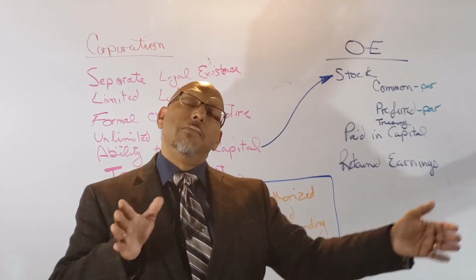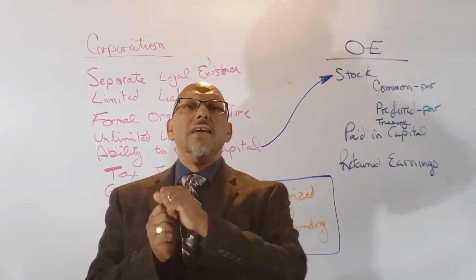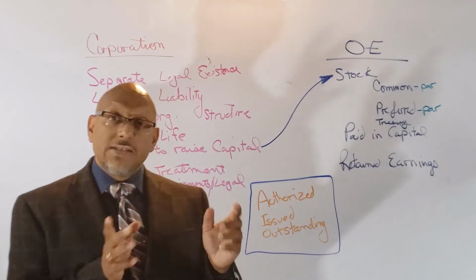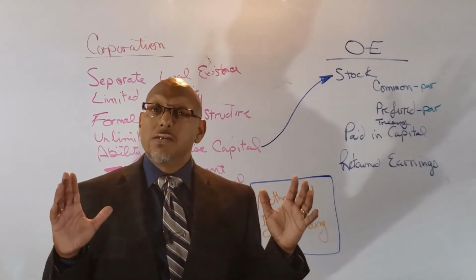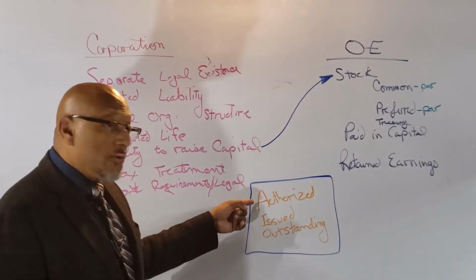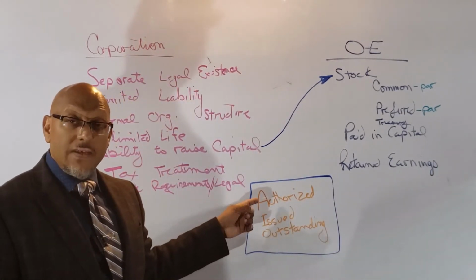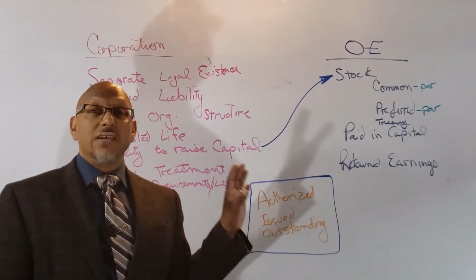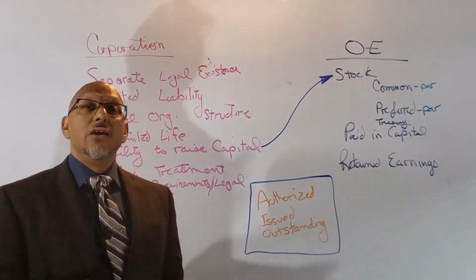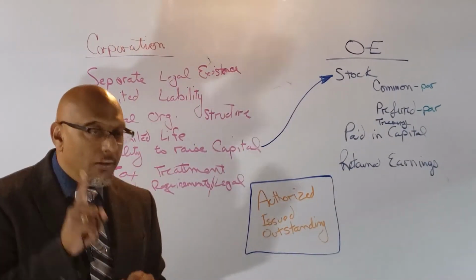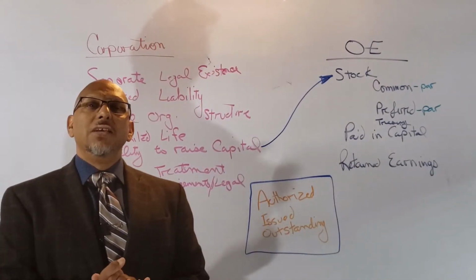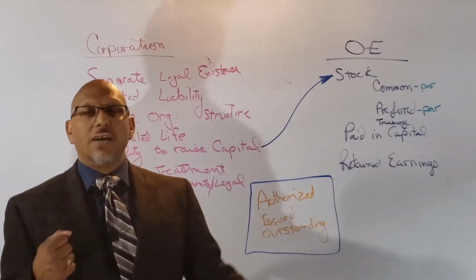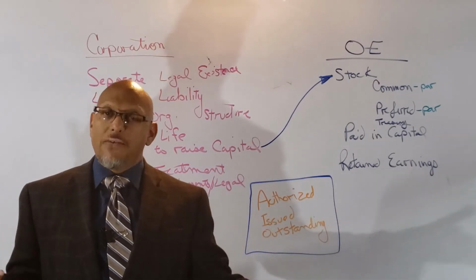So we want X amount of money, we're going to divide that into shares and then sell each share out at a certain price. And the number of shares they're willing to sell is called authorized shares. Now, authorized shares is what they're willing to sell. What actually gets sold is a different number. That is issued. So they say we would like to have 1 million shares, but we only sell out 500,000.